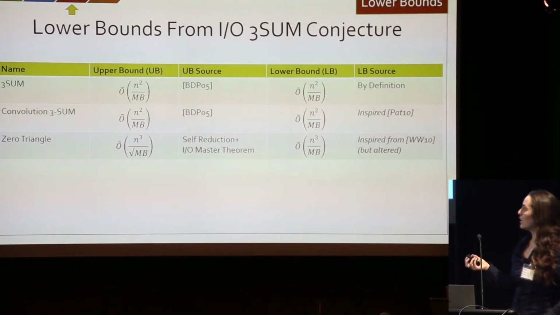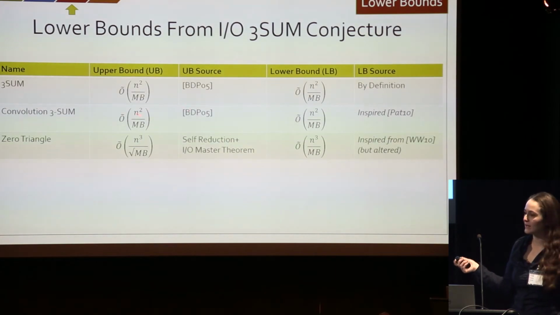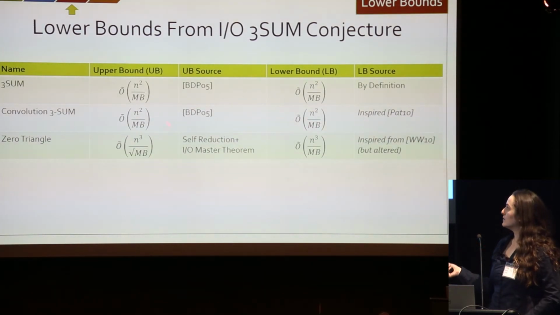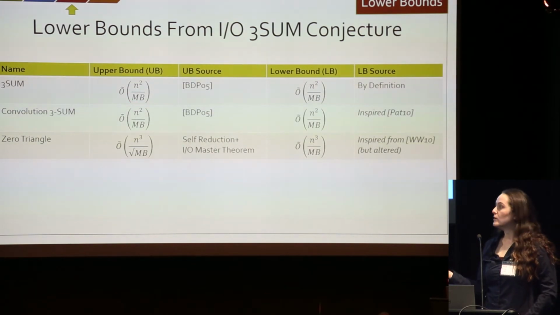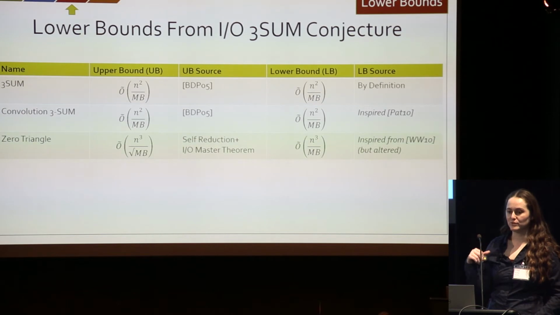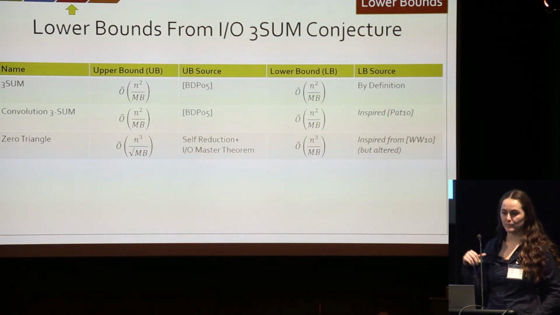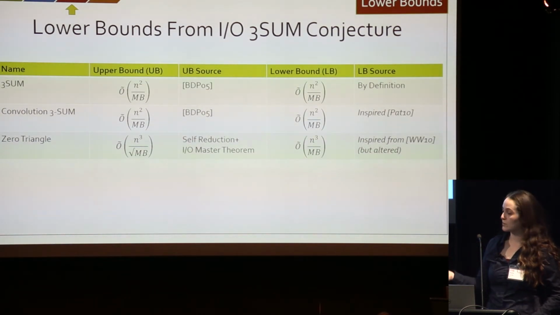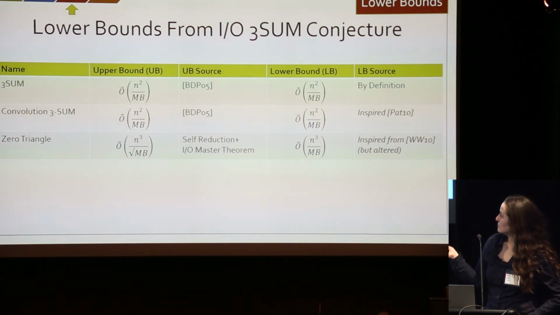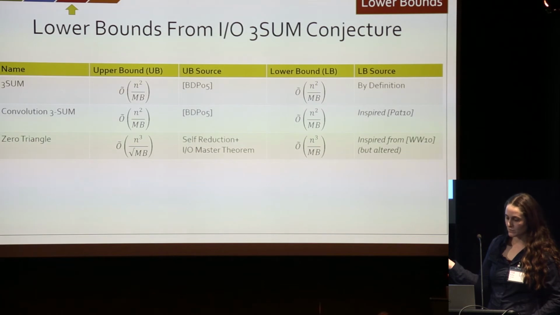If you could solve a full n squared amount of work in your cache, a full m squared amount of work, you'd be able to get this full savings of m. But if you could do so, then you'd get a reduction in a direction that we haven't been able to do in the RAM model, which is a reduction that goes from a problem that takes a slower amount of time and solving it with a problem that takes a longer amount of time. So you get these mismatches here as well.